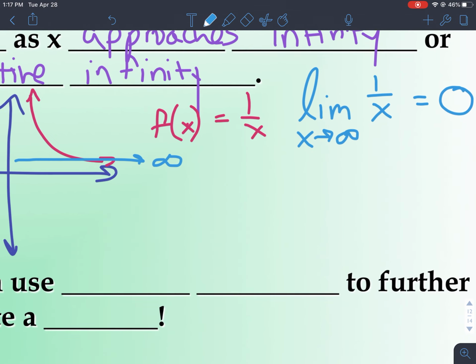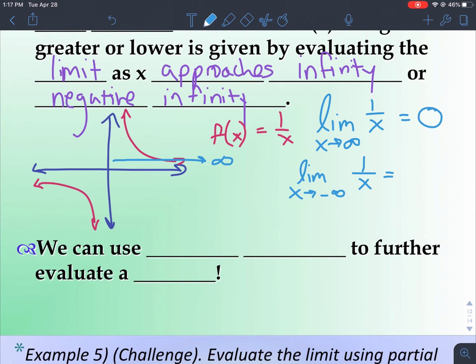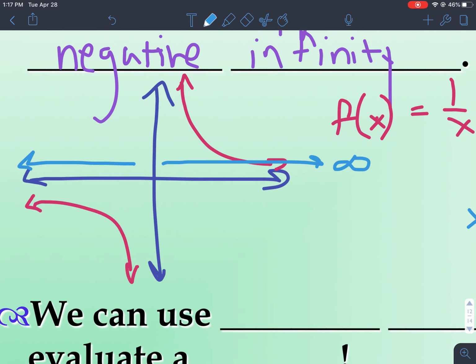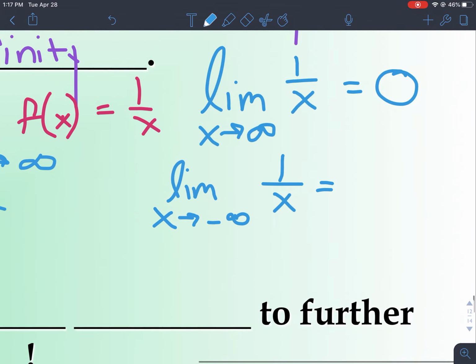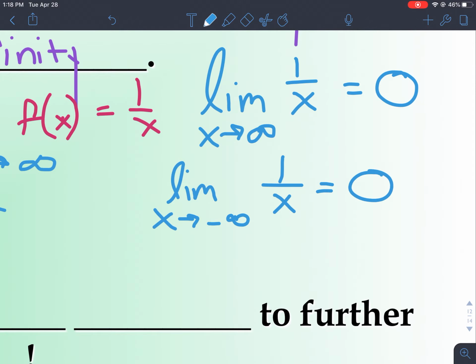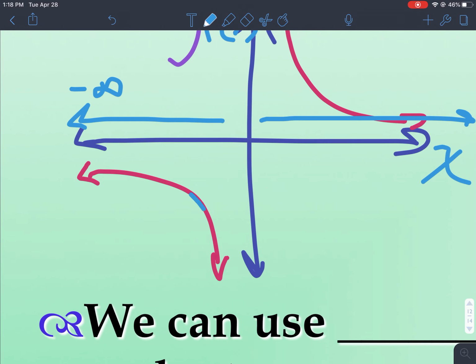On the other hand, the limit as x approaches negative infinity, well, we are going to the left. That's where x is negative infinity. You would still get 0. Why is that? Because as x gets more and more to the left, you get closer and closer to y equals 0.